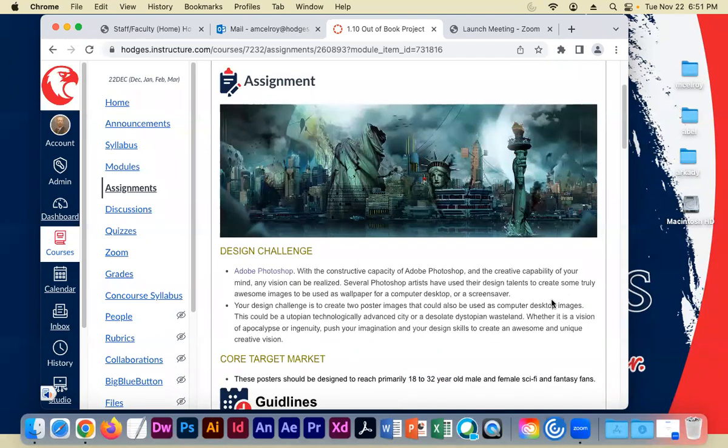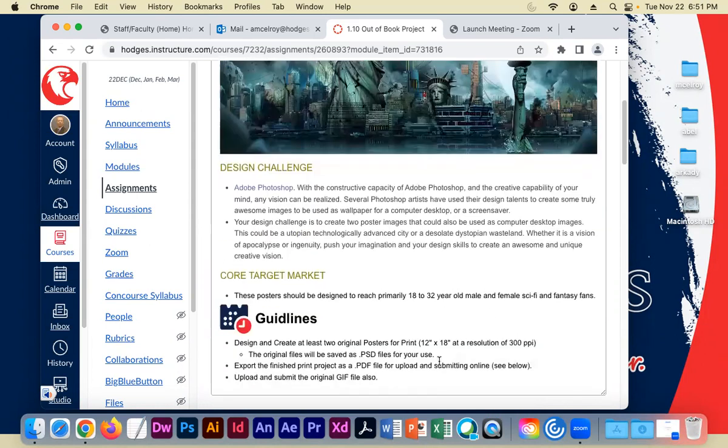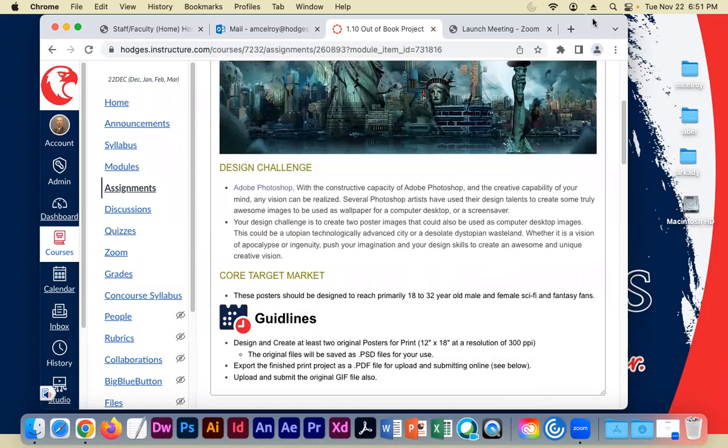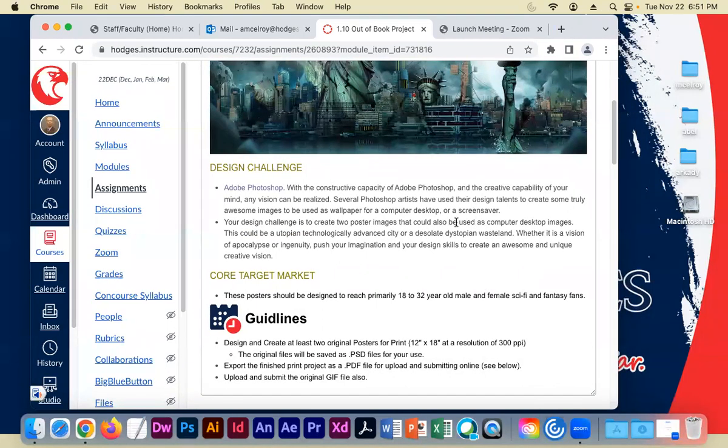If one is advertising Pepsi and the other one's advertising Coke, we should immediately be able to tell which one you like, because the utopian environment should be the product you like, and the wasteland desolate environment should be the product you don't like, right? So that would be kind of an interesting dichotomy design solution, but it's 2 solutions, 2 poster designs, 300 DPI, 12 by 18. And you should remember, you have to be working in a high resolution pixel environment.